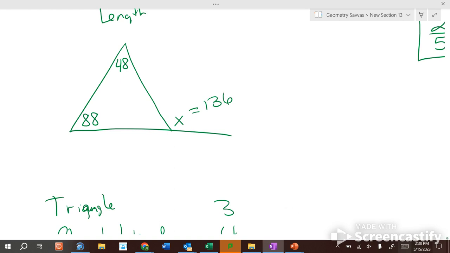So what they did is they took 180 minus each of these to get 44. And since this is a straight line, these two add up to 180, so it's 136. Otherwise, you could just take these two and add them up to make 136 because the exterior angle equals the sum of the two remote interior angles. Either way, that works. 136.